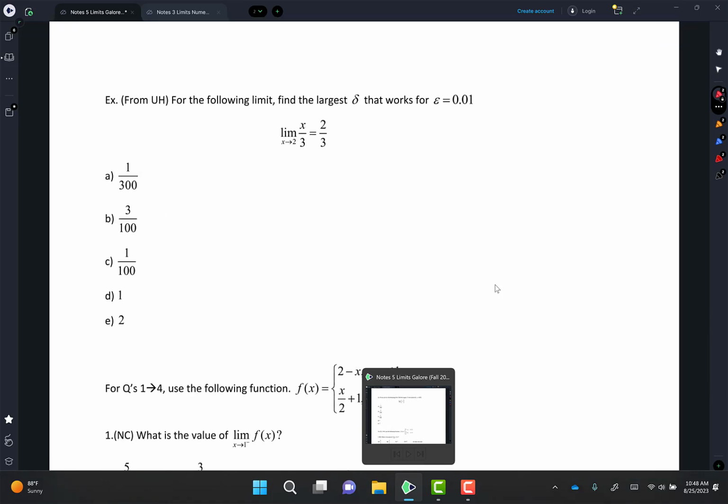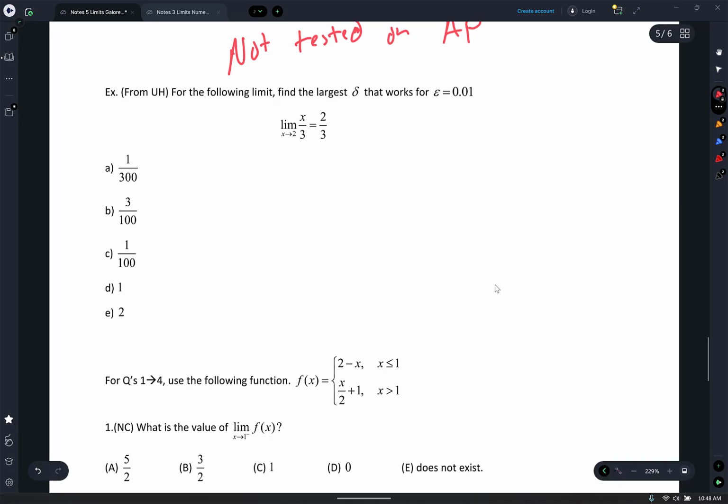This, good news for you, not tested on AP. Because UH gives you this question, and I want you to get it right, but I think it's a good question to ask. Real quick, I need you guys to listen for a while, because this is important.